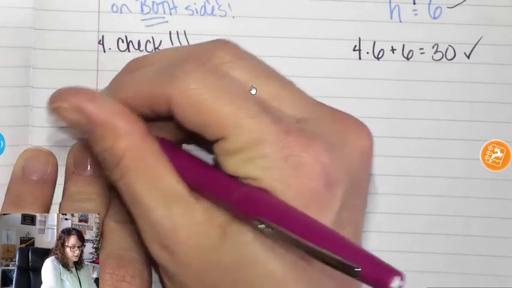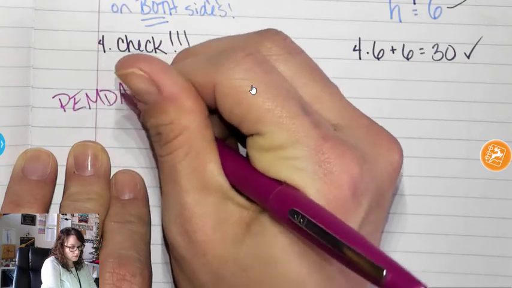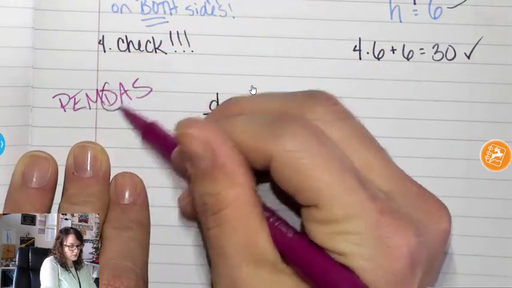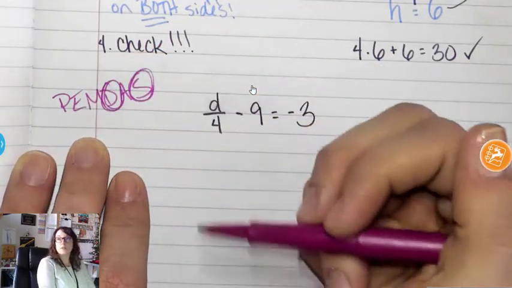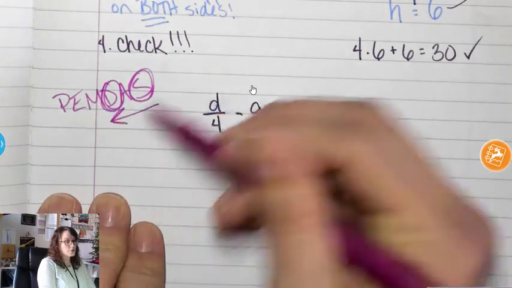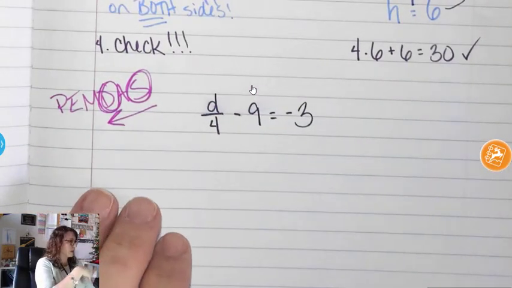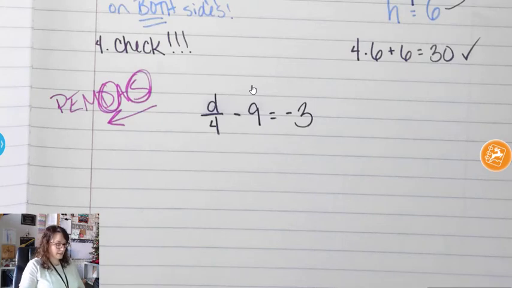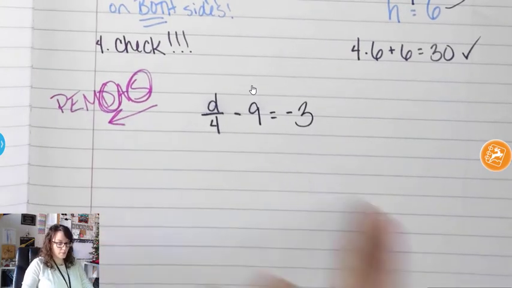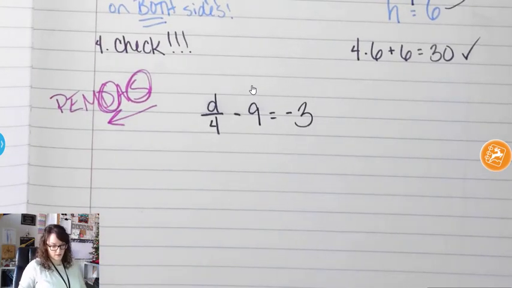So if I'm going backwards, I have division and subtraction. So I'm going this way. So I'm going to add and then multiply. Yeah. So first I'm going to add. What number am I adding to both sides? 9.